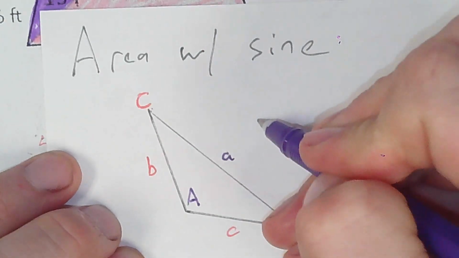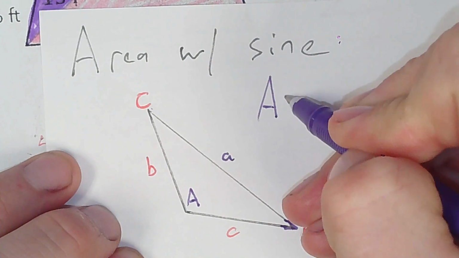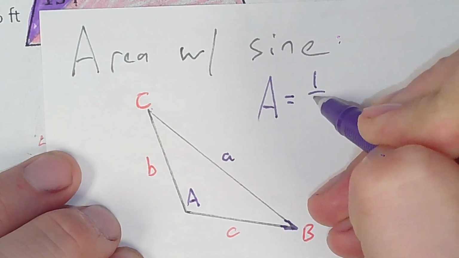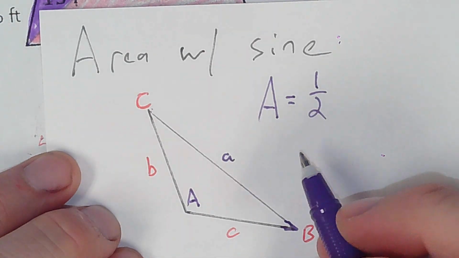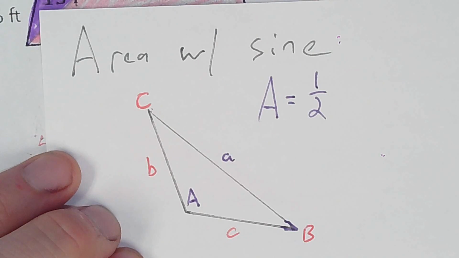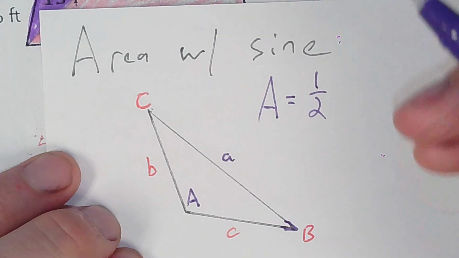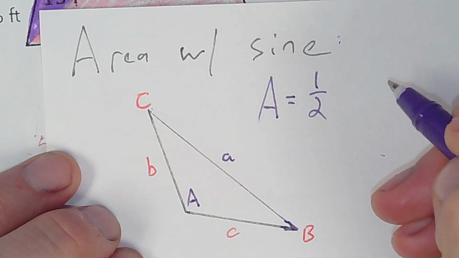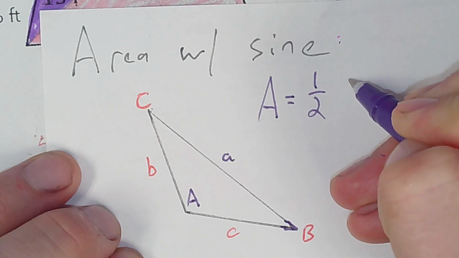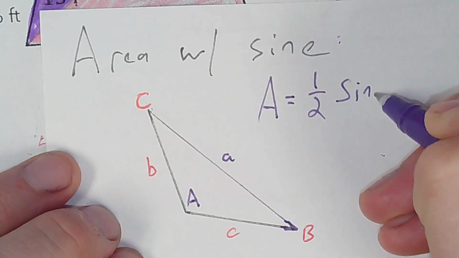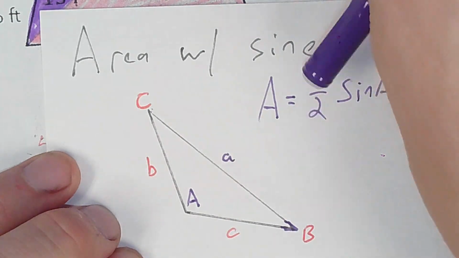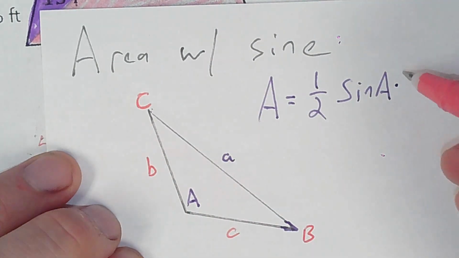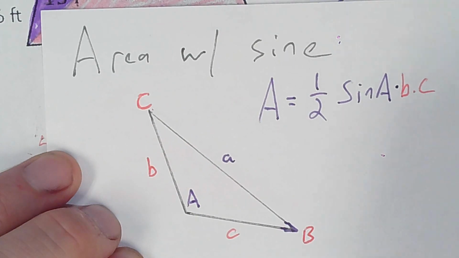Say the area of this triangle is going to be 1/2 of the sine of angle A times the two line segments around A, so times B times C, right?